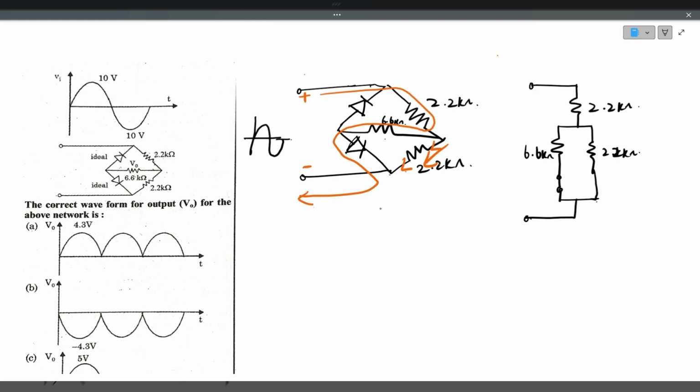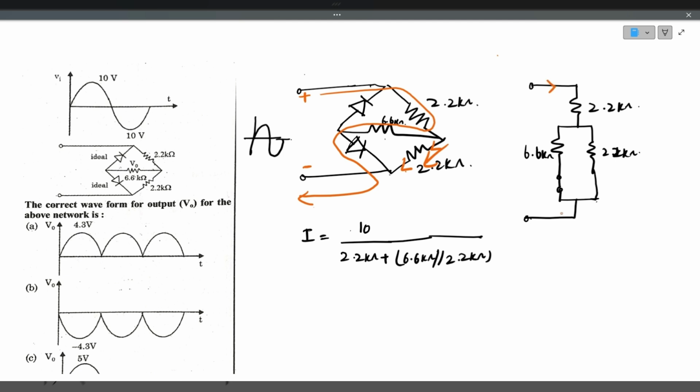So you want to calculate the current now. The current I will be, input voltage is 10 volts divided by 2.2 kilo ohms plus the parallel combination of 6.6 kilo ohms and 2.2 kilo ohms. This is the current that is flowing in the circuit during the positive half cycle.